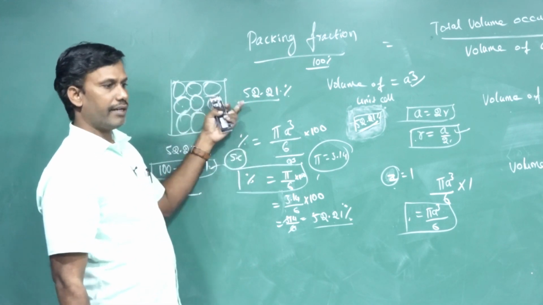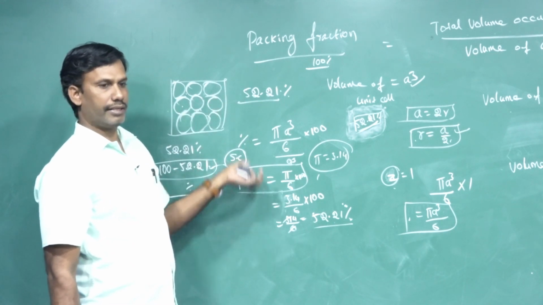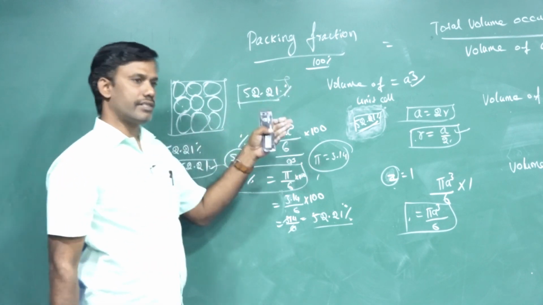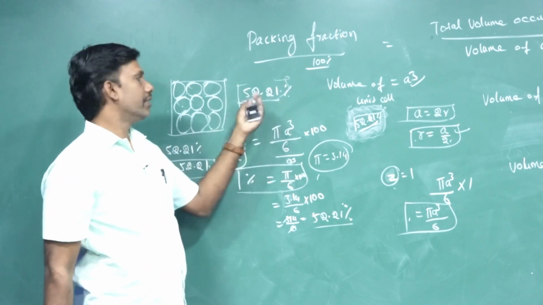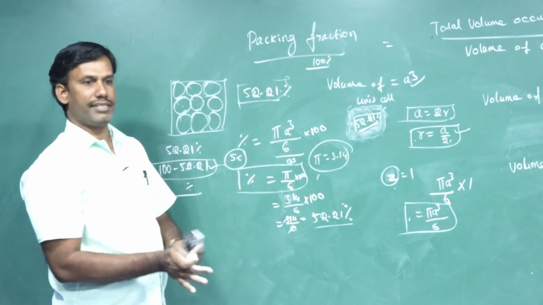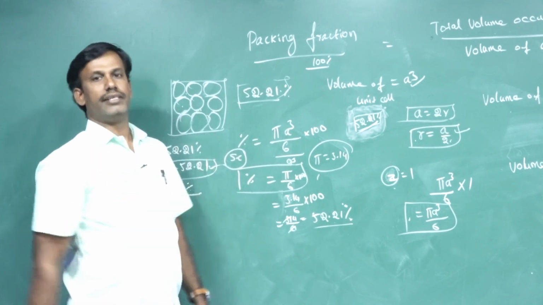So the attraction between the spheres is less compared to other types of packing. As the efficiency increases, the force of attraction also increases. Here only 50% is occupied, so the force of attraction will be very low in a simple cubic.